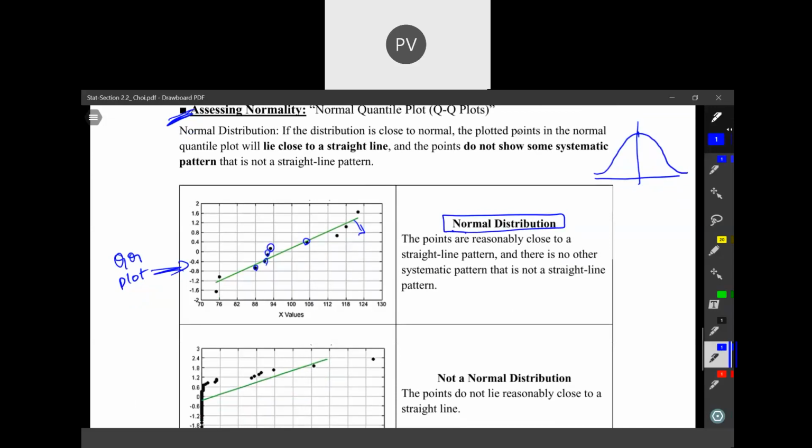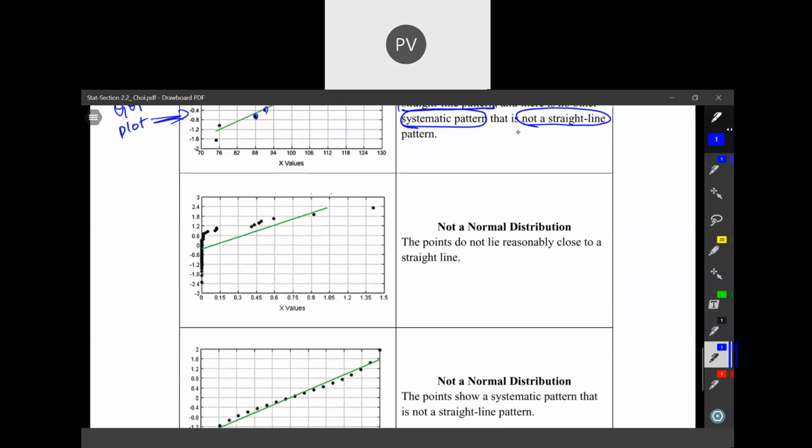The distribution is a normal distribution if the points are very close to the straight line and there is no systematic pattern. This is one example. Here, as you can see, the data points are not even close to the straight line, right? So this is not at all a normal distribution. Your data points should lie along the straight line.